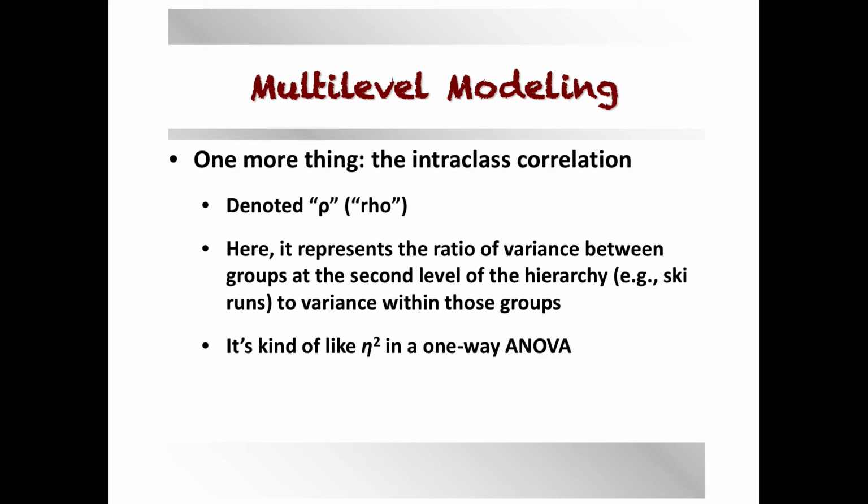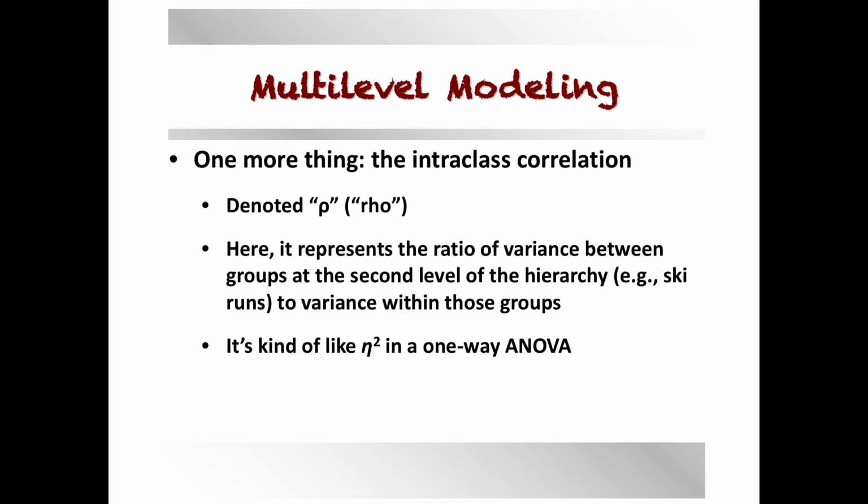One more thing to address, and that is the intra-class correlation. We saw this before for random effects ANOVA. In multi-level modeling, it represents the ratio. It has a nice interpretation: the ratio of variance between groups at the second level, which is ski runs here, to variance within those groups. And this is your official gauge for whether that second level is necessary.